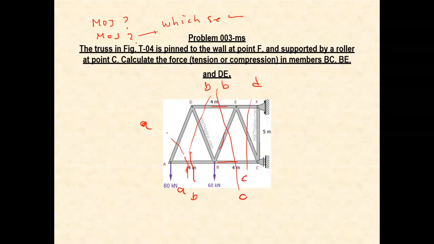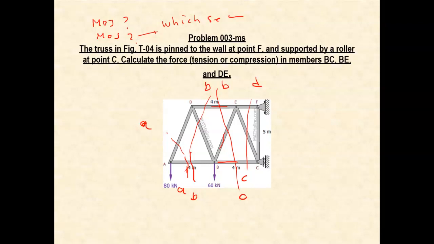And then my next question is, okay, according to what you told me, method of joint is not suitable, so we have to do method of section. Which section is this going to be?